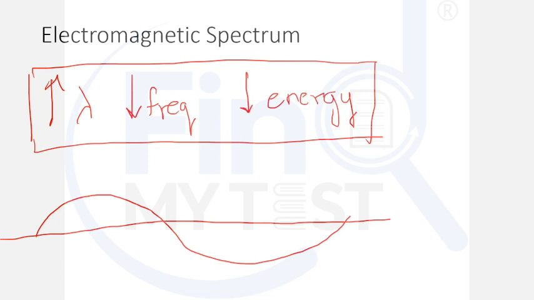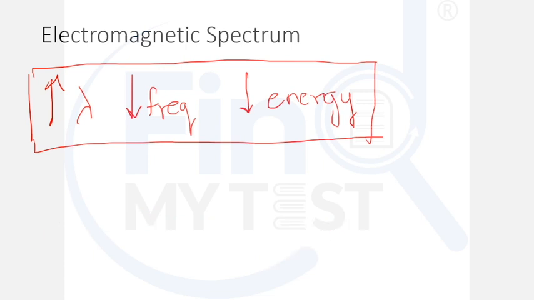This actually means that the energy is very low for a wave with a long wavelength. And if the wavelength is lower, then the frequency would obviously be higher because the wave would be like this, and such waves have a higher energy. So it is basically logical to remember. It would be better if you remember it logically.